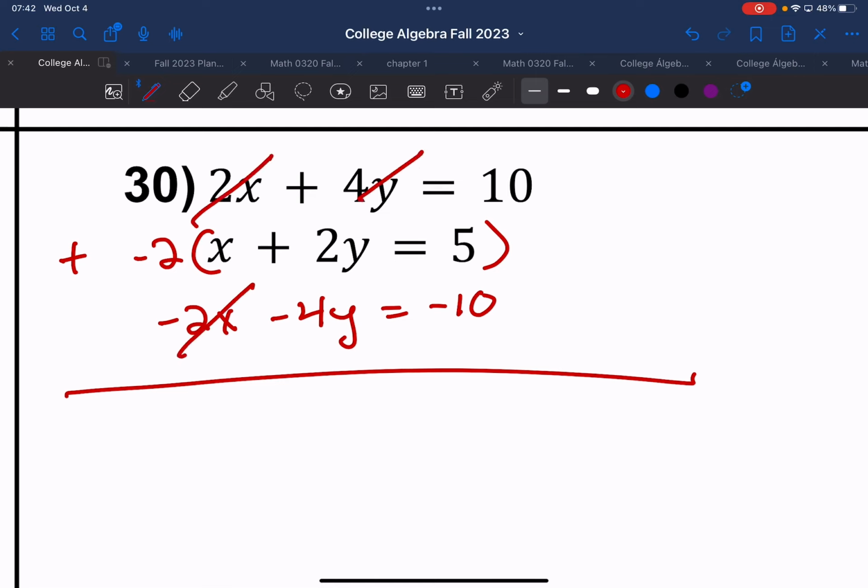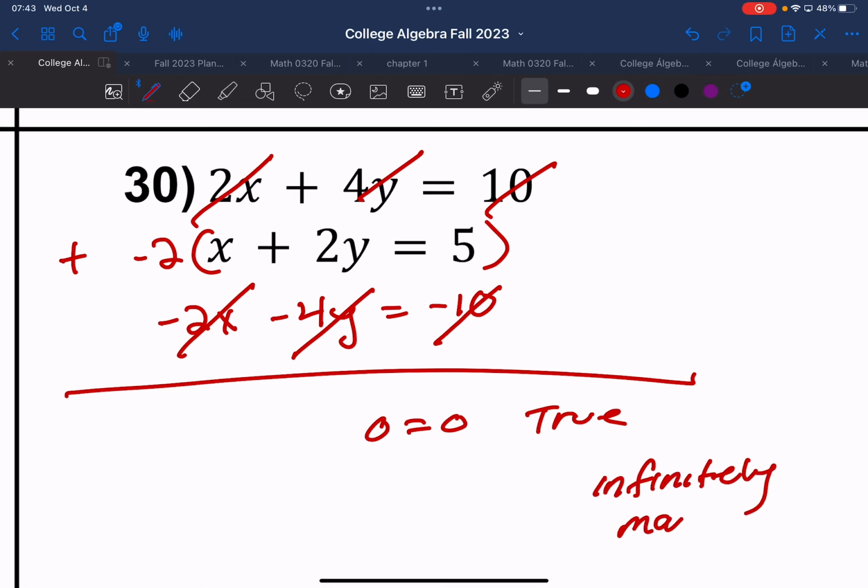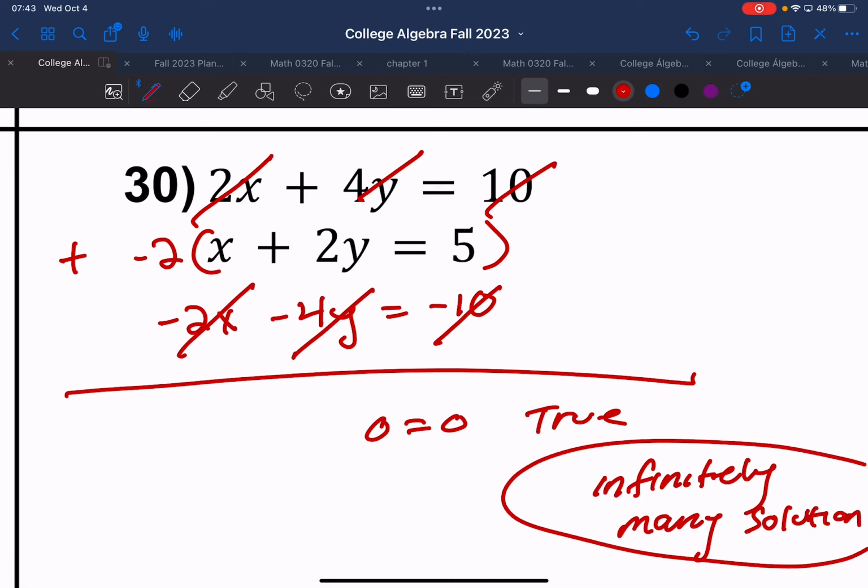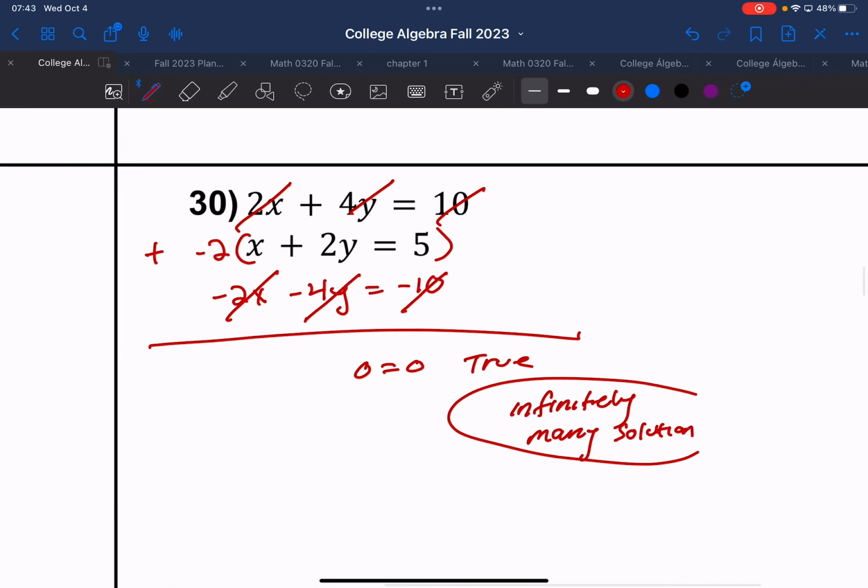So these cancel, this cancels, and this cancels. So 0 equals 0, a true statement. Infinitely many. And again, there might come a time where you get 0 equals 5, a false statement, no solutions.